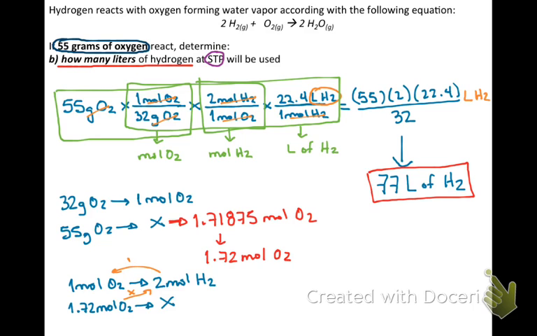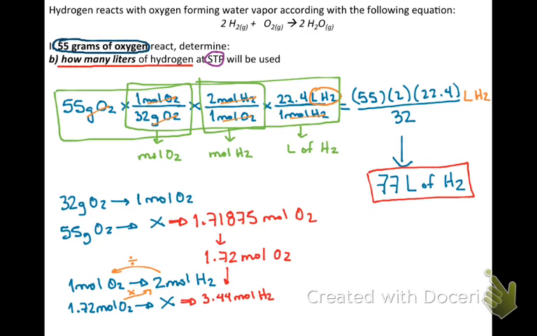This is supposed to be a division sign. So now it is 1.72 times 2. Here we will have 3.44, taking this rounded number, moles of H2.